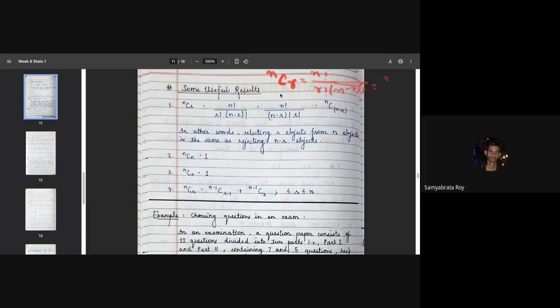So we can easily swap it: n factorial, n minus r factorial, and r factorial here also.